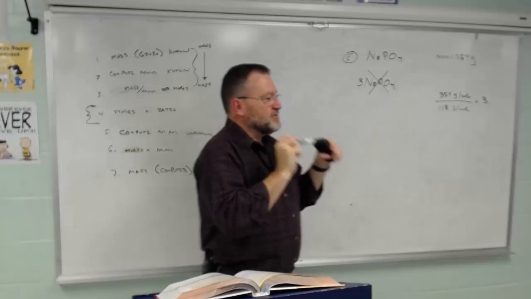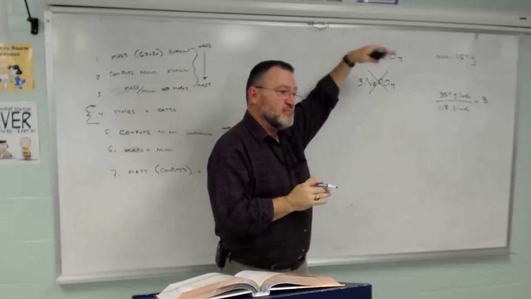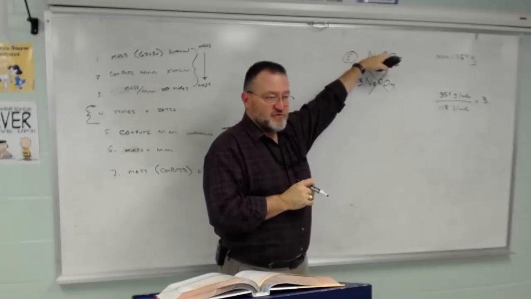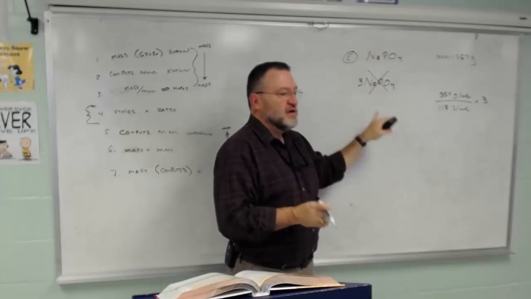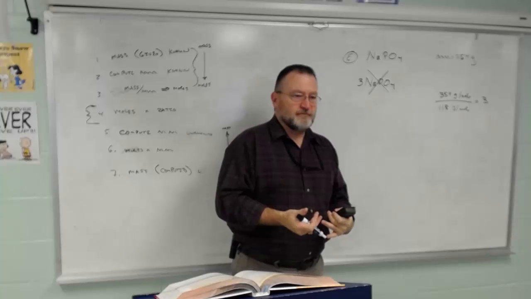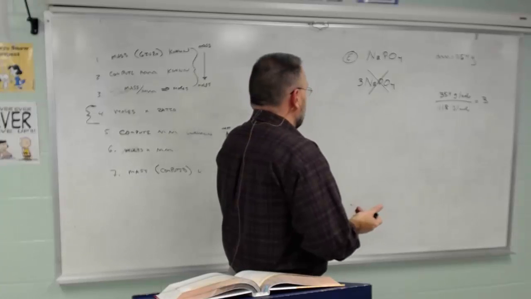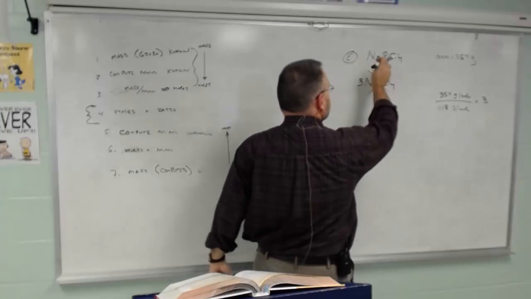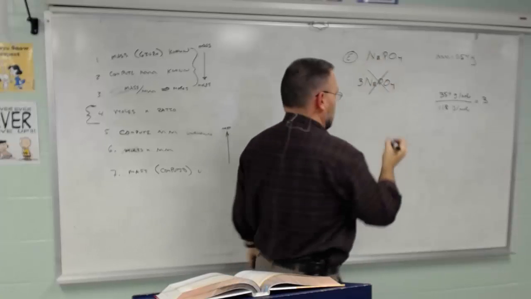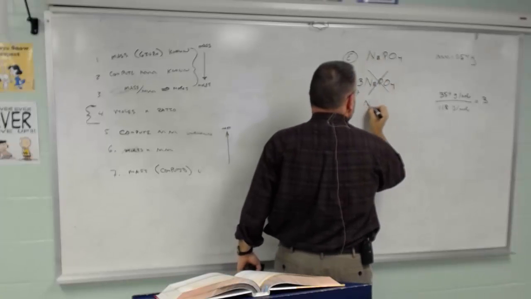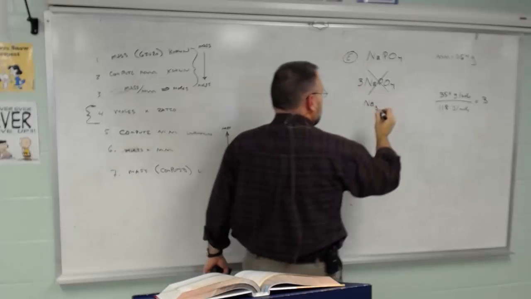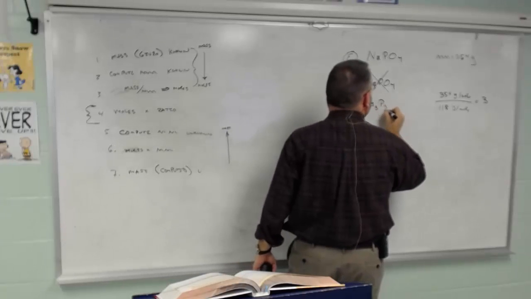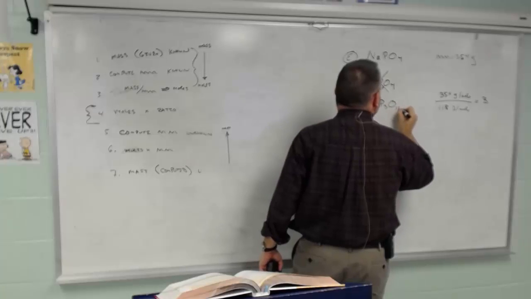But since I'm computing the actual formula of a single molecule, this is one of those rare exceptions where, yes, now we actually have to mess with not the coefficients, but the subscripts. And so I need 3 times as many sodiums, and I need 3 times as much phosphorus, and I need 3 times as much oxygen.